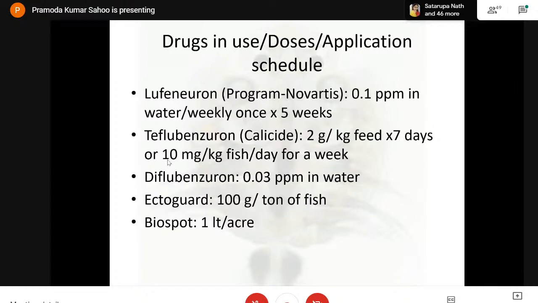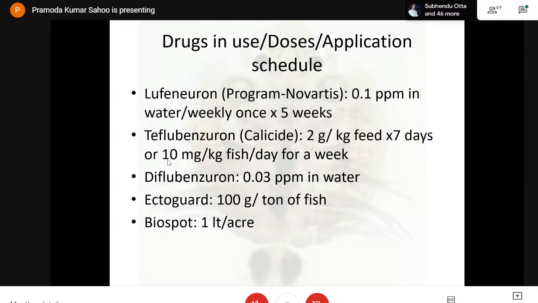Even some parasites will be living and attached after ivermectin application. Mostly it is applied for 3 to 5 days, depending upon the grade of infection, either through feed or by water application.